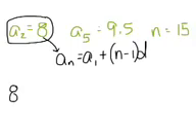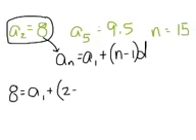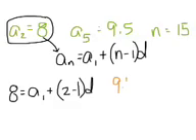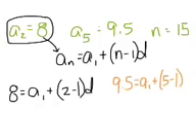So 8 equals, I don't know the first term, I do know that I put the number 2 in there to get that, and I still don't know the difference. Now I'm going to also do the same thing for a sub 5 equaling 9.5. So I've got 9.5 equals, I still don't know that first term, plus, but this time I put 5 in there to get it, and I don't know the difference.